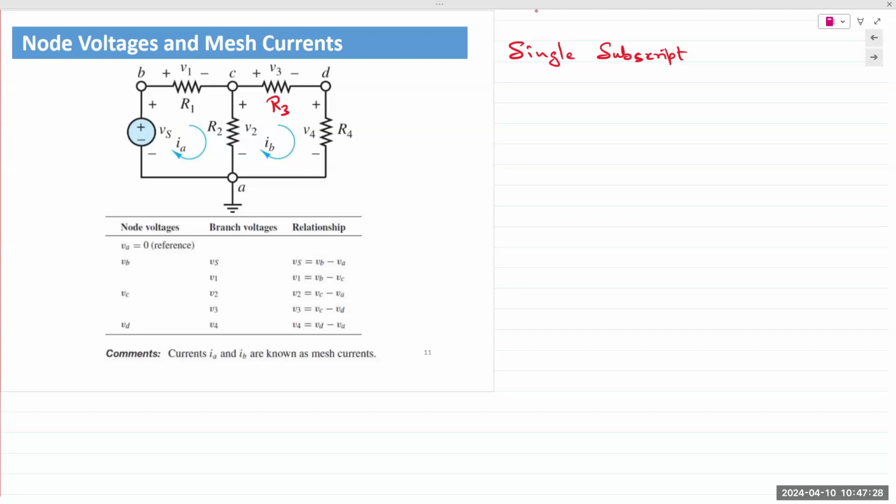So we talked about how nodes are a junction point in a circuit where two or more components are connected together. The voltages you measure at that node are the node voltages. The reference point for those node voltages, more likely than not, could be something that is indicated as ground in the circuit. It doesn't actually have to be ground. It doesn't really matter for the purposes of analysis.